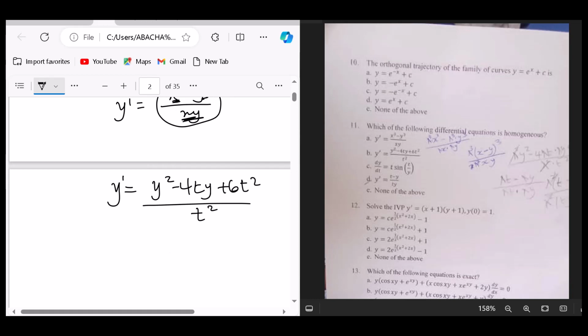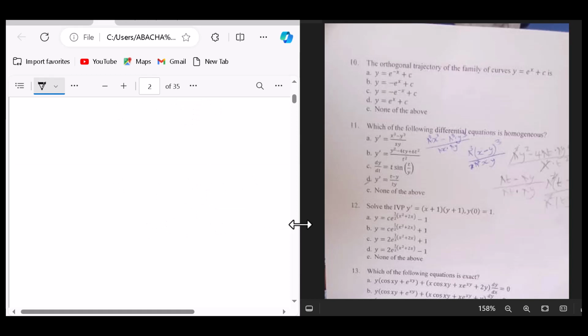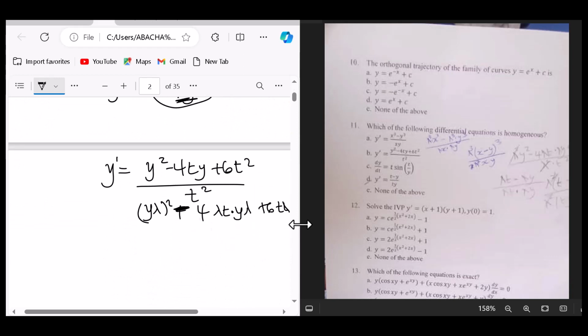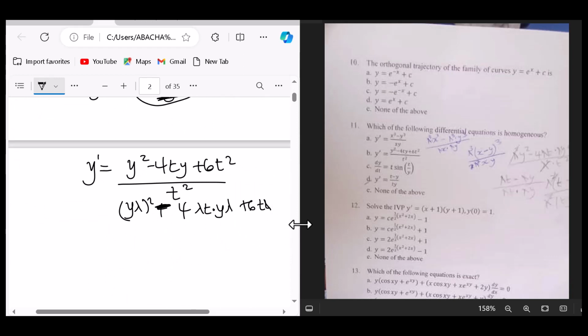If we introduce lambda, we'll have y lambda squared minus 4t lambda y lambda plus 6 t lambda squared all over t lambda squared.